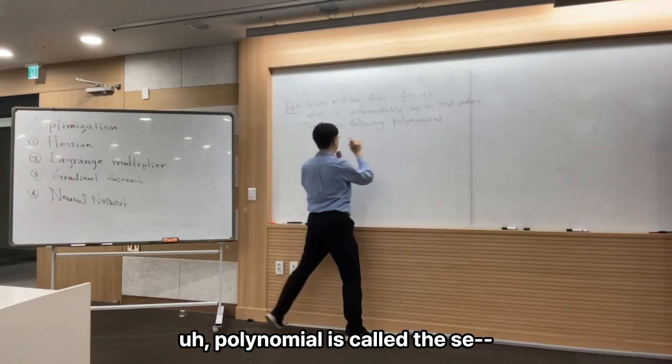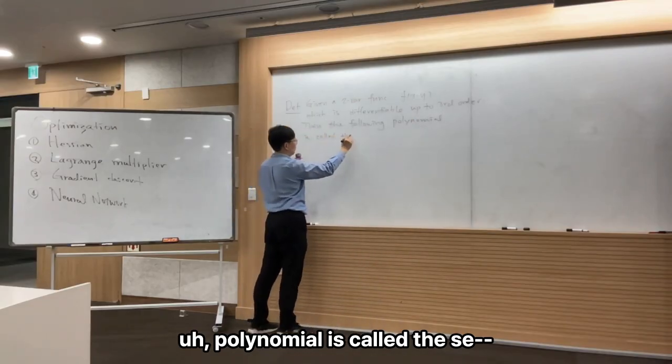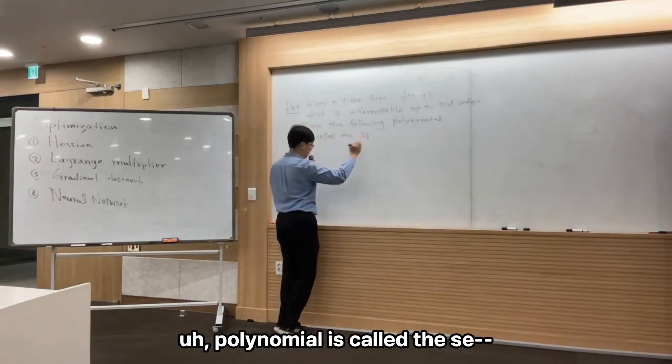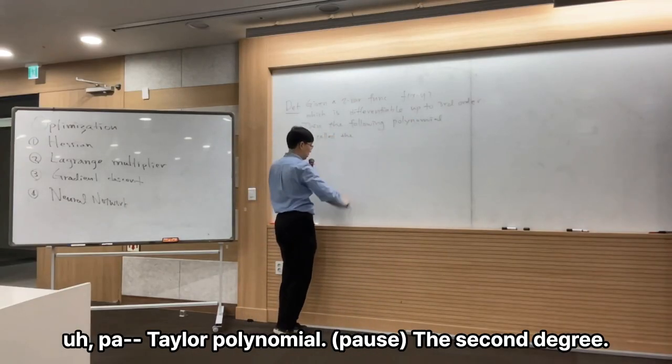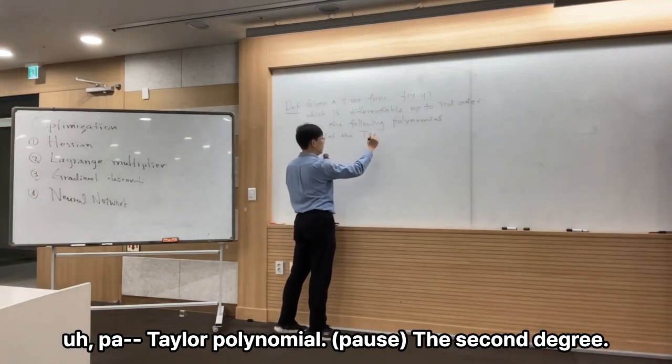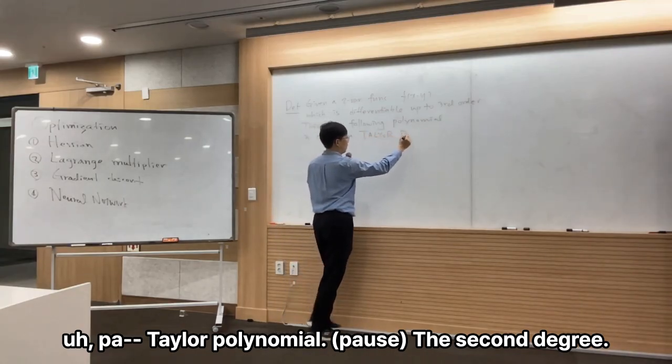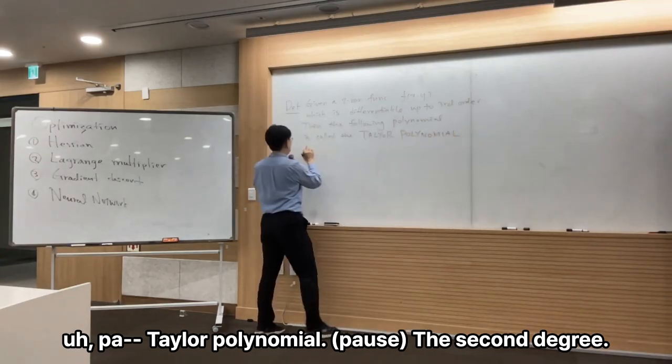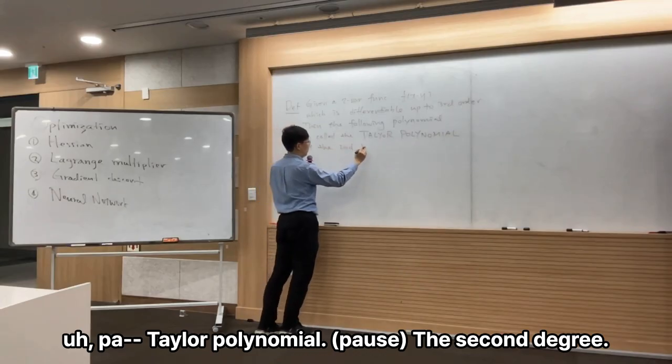polynomial is called the Taylor polynomial of the second degree.